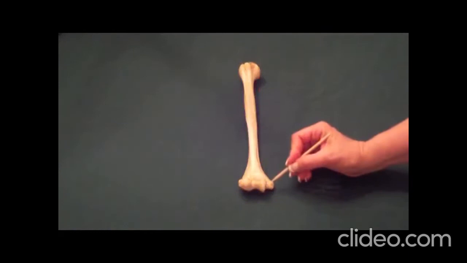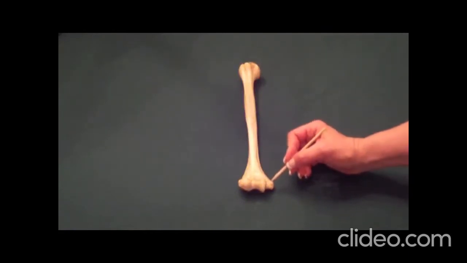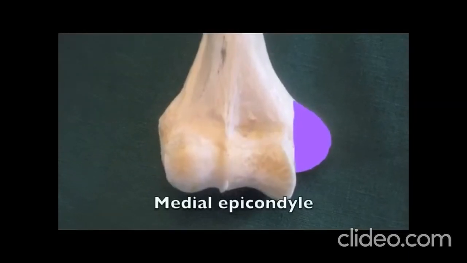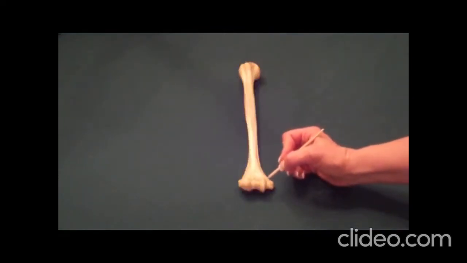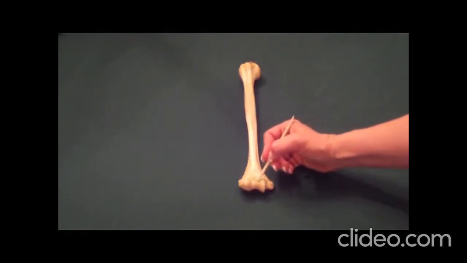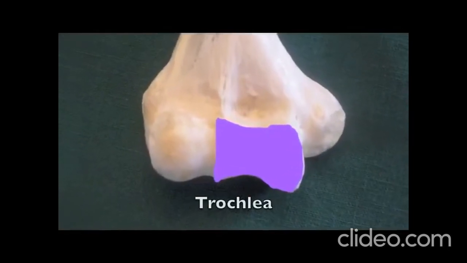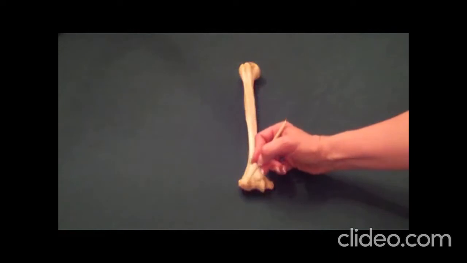At the thumb-like projection, this is the medial epicondyle. Next to the medial epicondyle is a wedge-shaped projection called the trochlea. This rounded region is the capitulum.